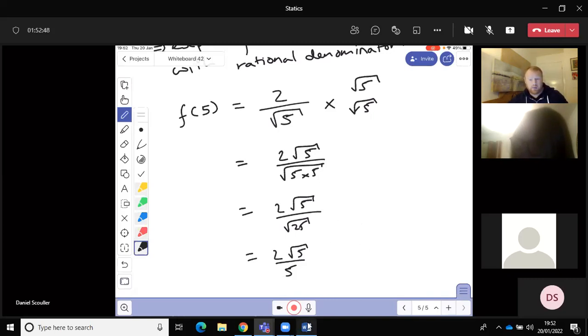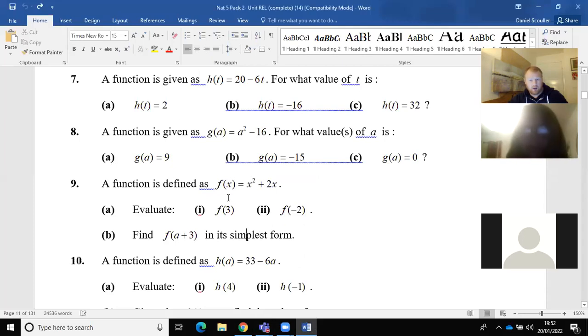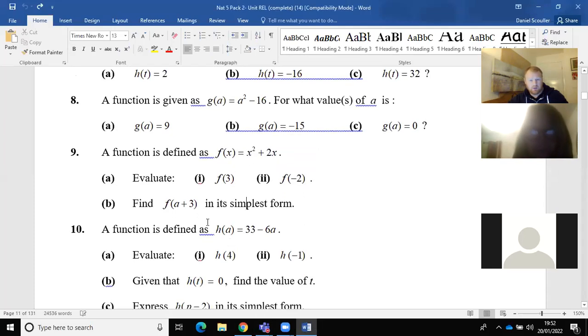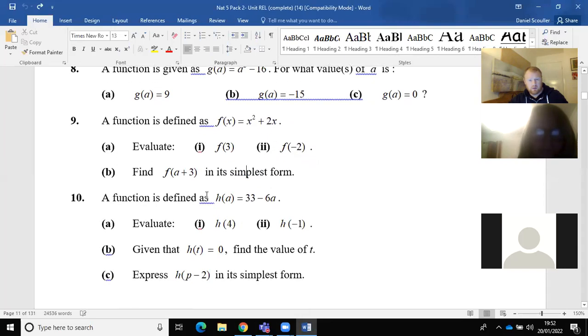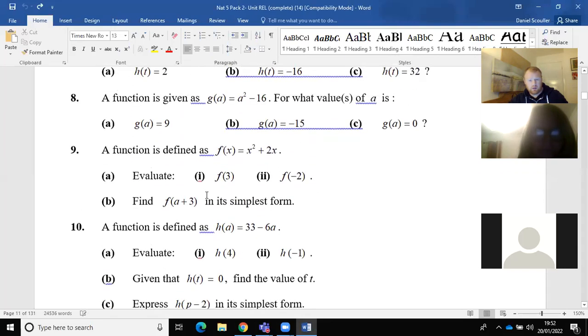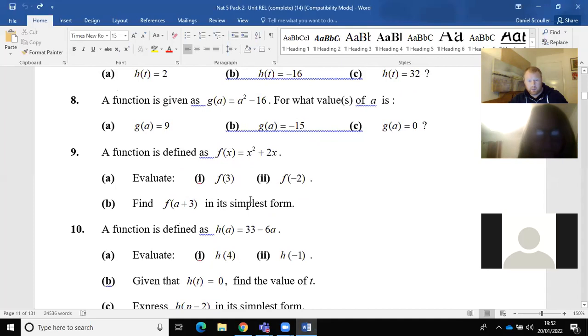Other ones that could come up, and I've seen that. This a+3 in its simplest form. Okay, this one here. Now, not seen it come up in a past paper. However, could it? Yeah, why not? Okay, so we think about what that's asking.